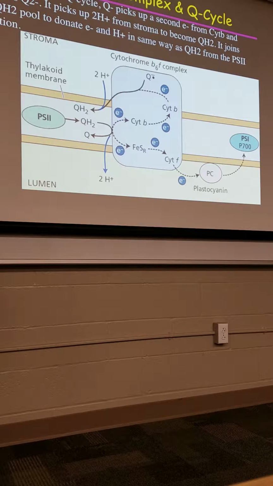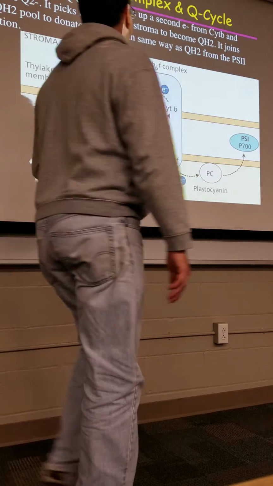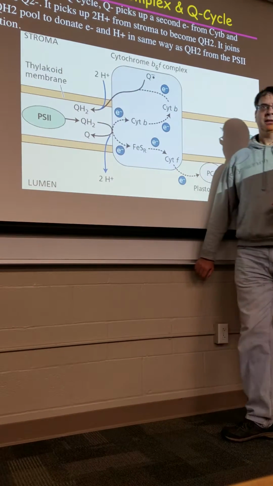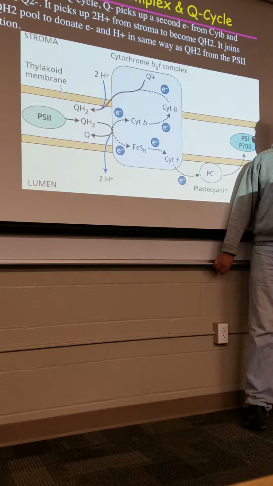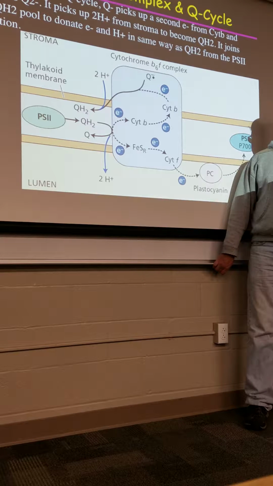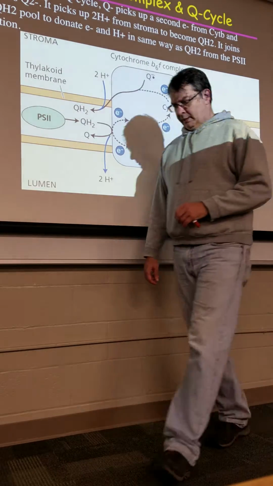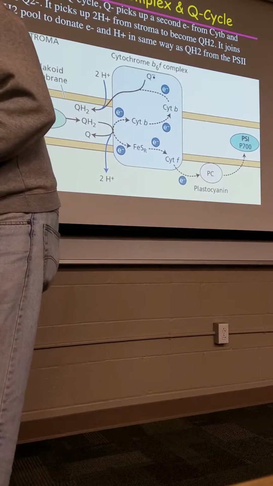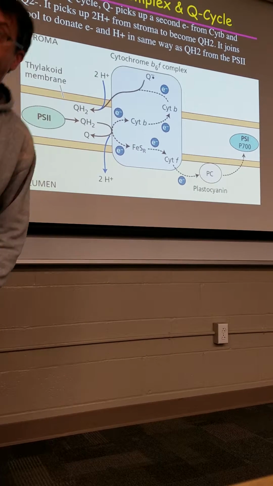Because only half the electron goes back to the quinone. The quinone coming in should be twice as the quinone coming back out. So will quinone pile up in this structure? So the answer to that question is no.